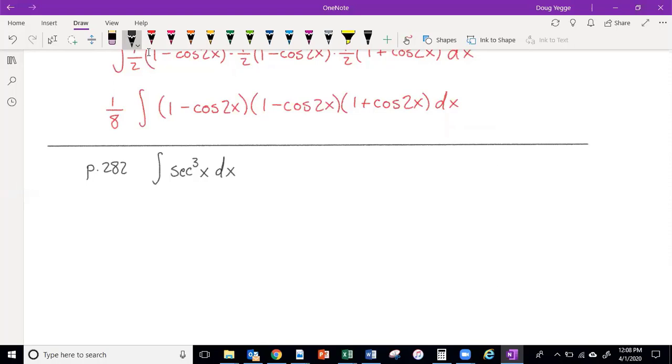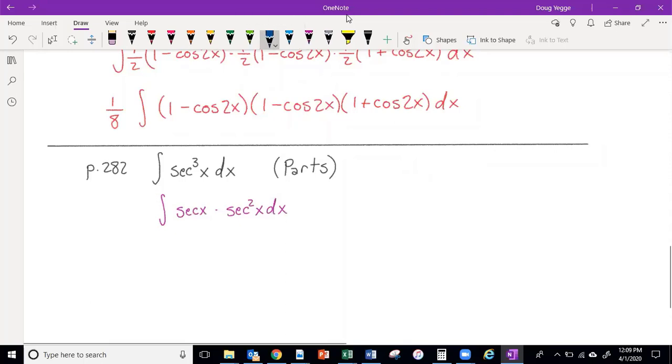If you're going to do this, you should do integration by parts. And the way that you would do this by parts is that you would choose this to be the integral of secant x times secant squared x dx. Now, what has a nicer integral, secant x or secant squared x?